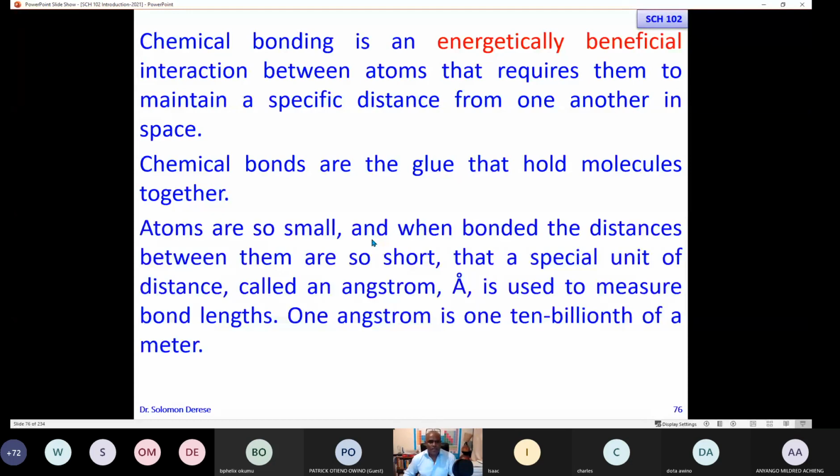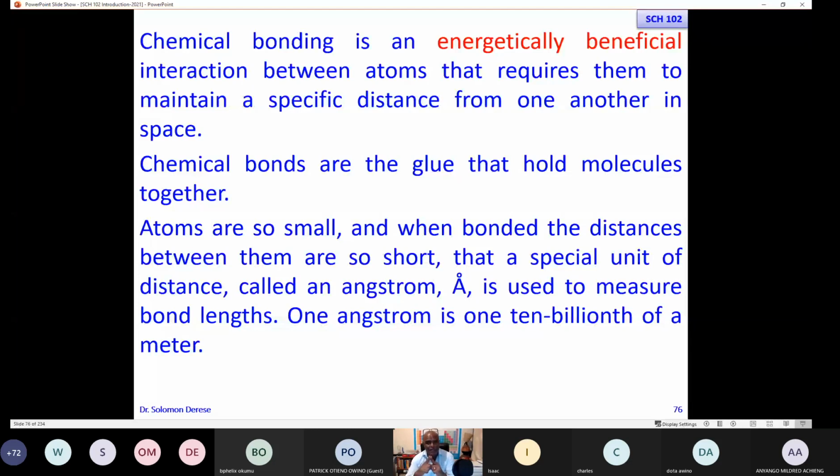Then, as you can imagine, atoms are very, very small. Then they will be bonding to each other, and then they will have a certain distance between them. This distance between the two atoms is very, very short.